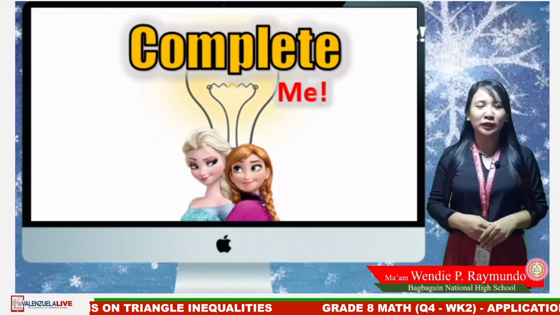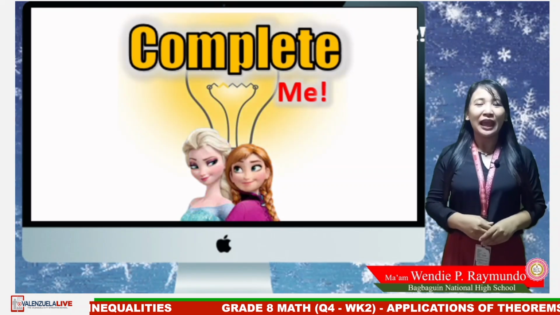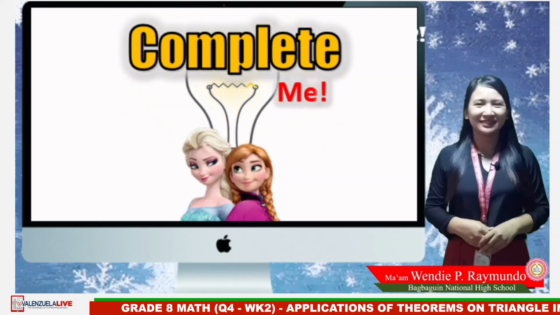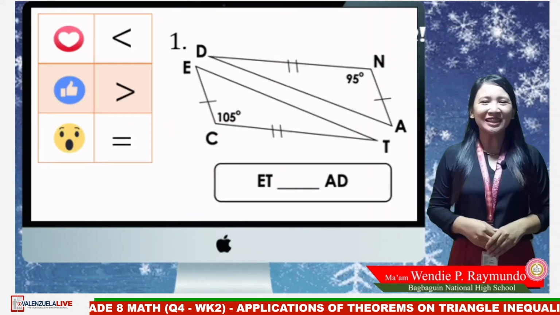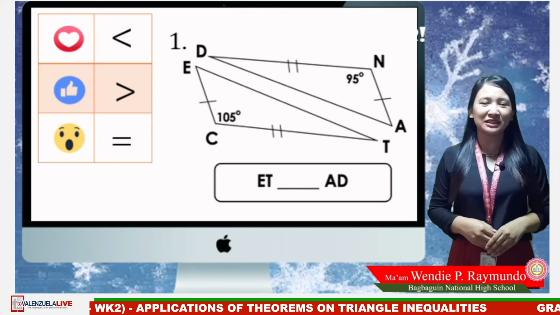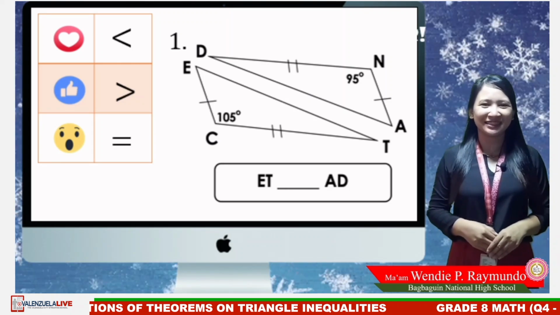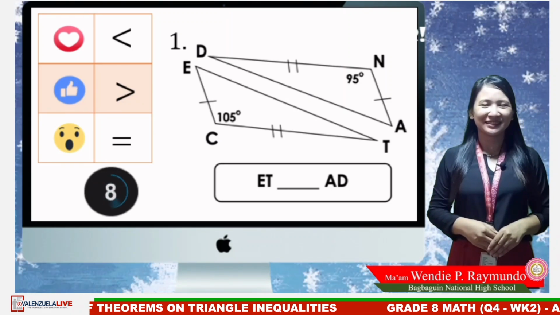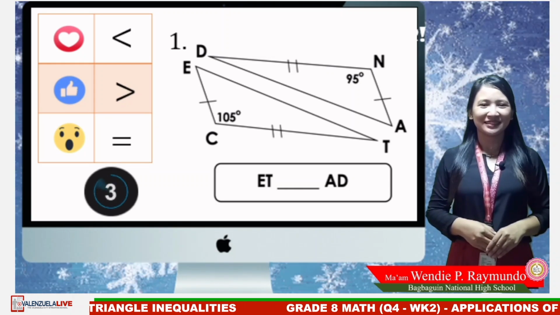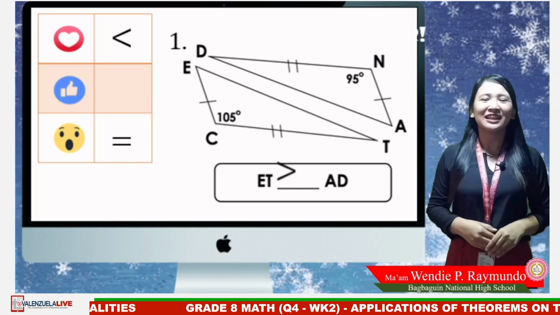Compare the following figures using less than, greater than, or equal. And you have 10 seconds to answer each number. Number 1. Side AT is blank to side AD. Comment heart if it is less than, like if it is greater than, and wow if it is equal. And the answer is like.